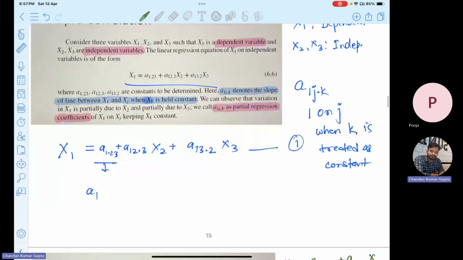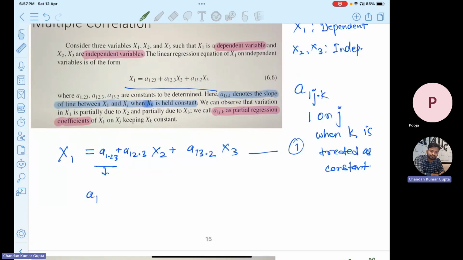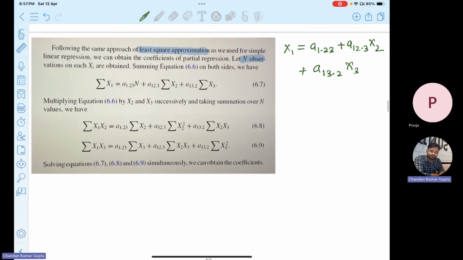This is our equation 6.6, our simple linear regression model. Then we need to calculate these multiple and partial regression coefficients, that is a1.23, a12.3, and a13.2. These are the terms we need to calculate.